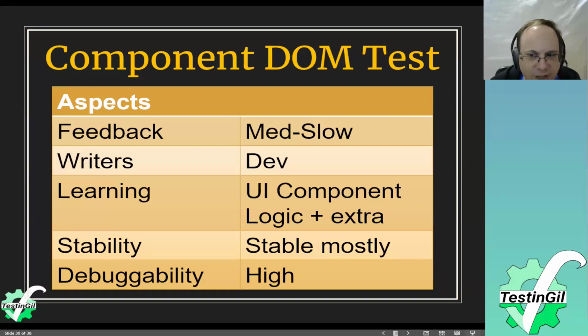And what are the boundaries? What do we learn with testing? That the component code translates correctly to an HTML DOM plus JavaScript that will give us the interaction that we actually want.